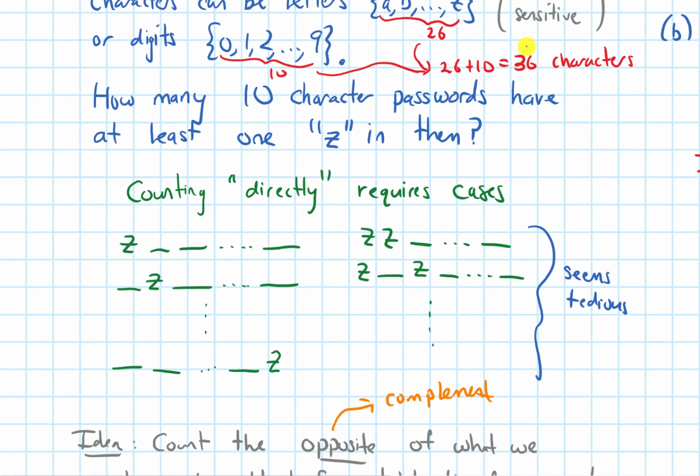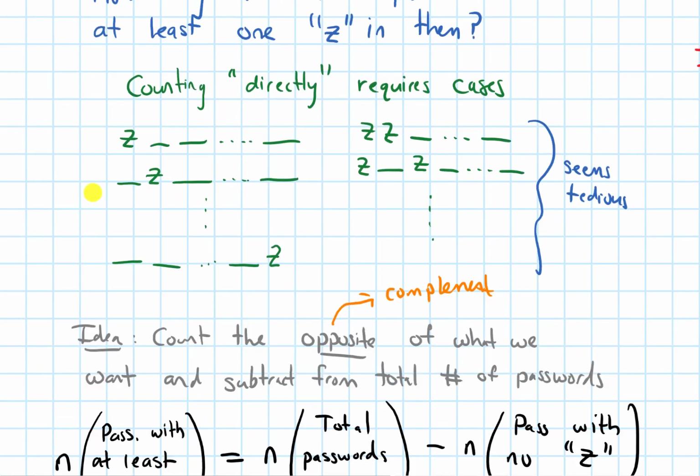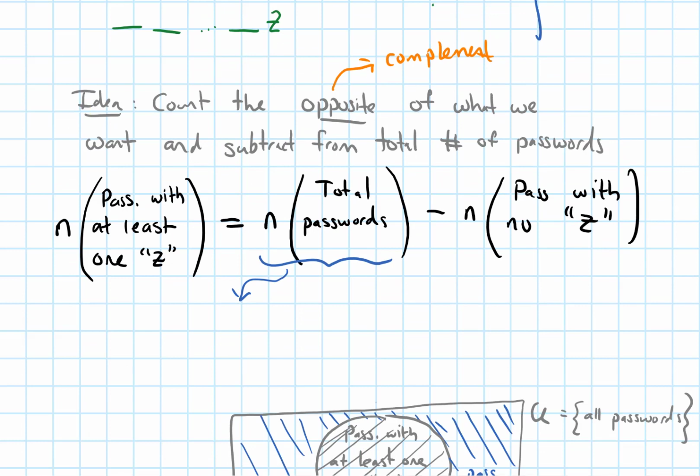So we're going to have 36 choices for every single spot in the password. And the password needs to have 10 total characters in it. So we'll have 36 choices for what goes in that first spot, and then 36 choices for what goes in the second spot. And we keep doing this because we're allowing repetition here. So overall, we're doing this 10 times because we're doing it for every single spot in our password. So this is 36 to the 10.